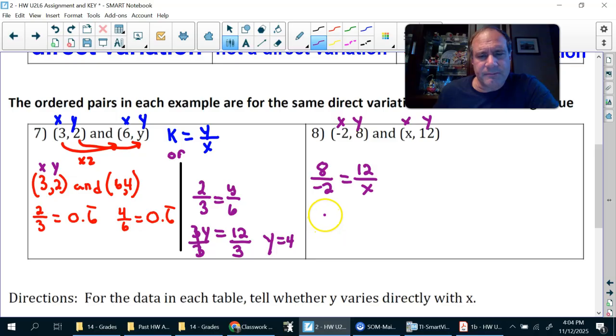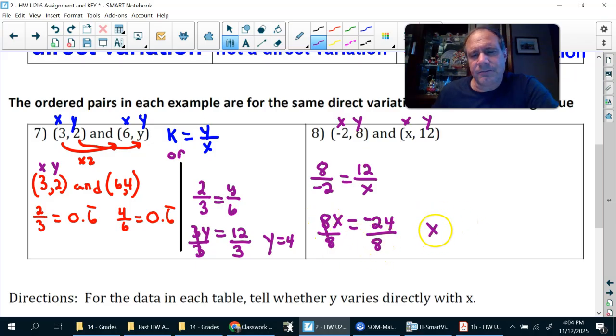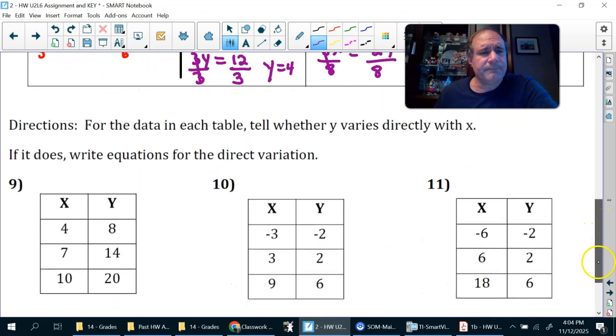Then you go 8 times x, which is 8x, you cross multiply, and this is equal to -24, -2 times 12. You divide by 8, and easy peasy, x equals -3. And that's it.